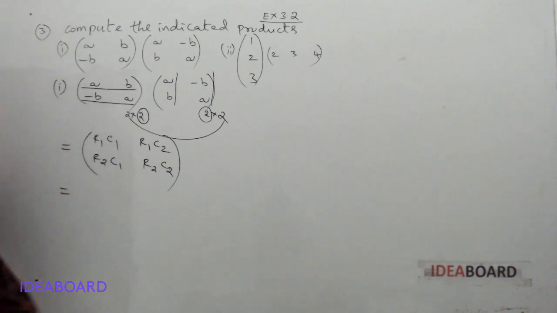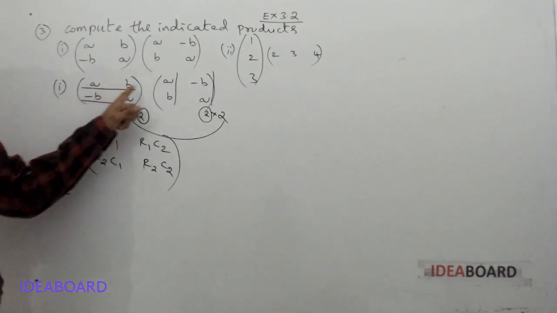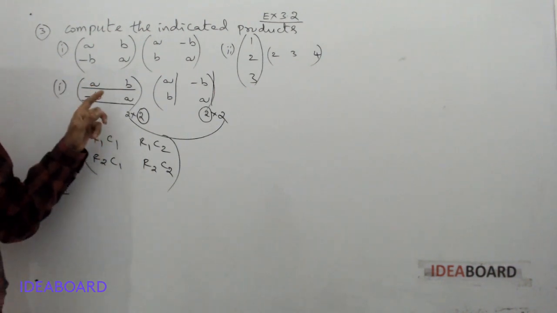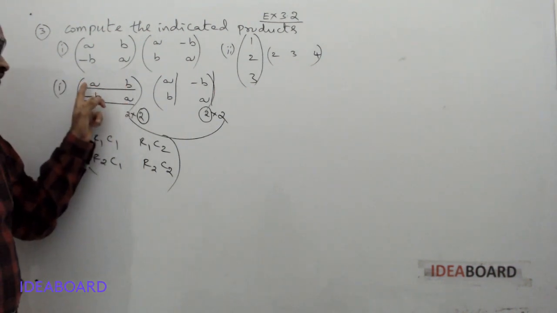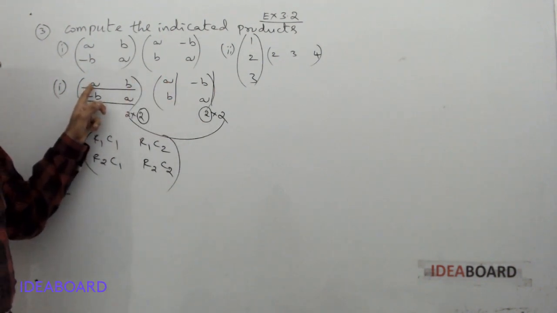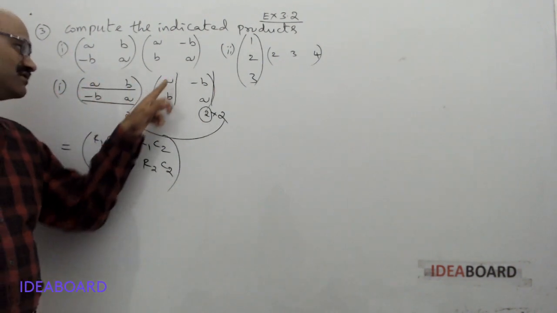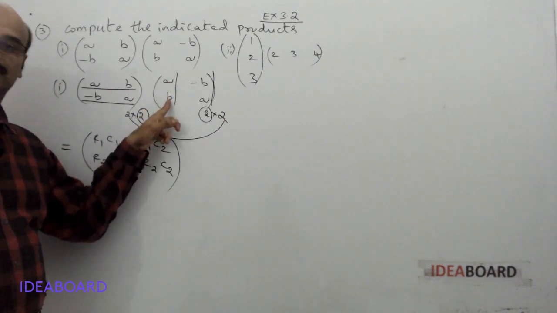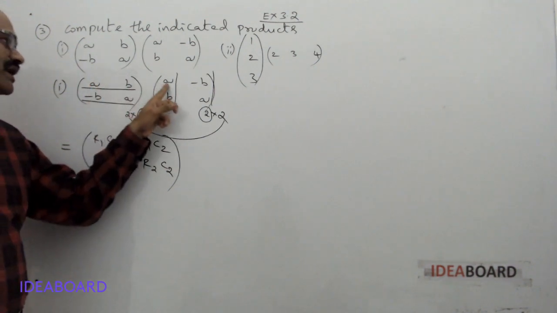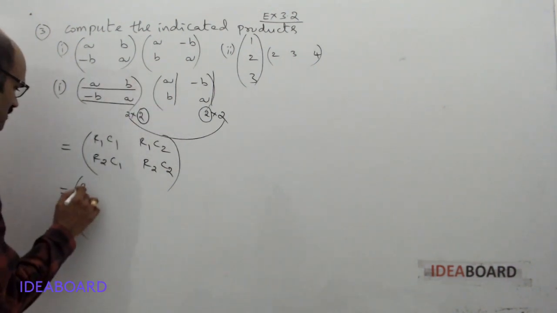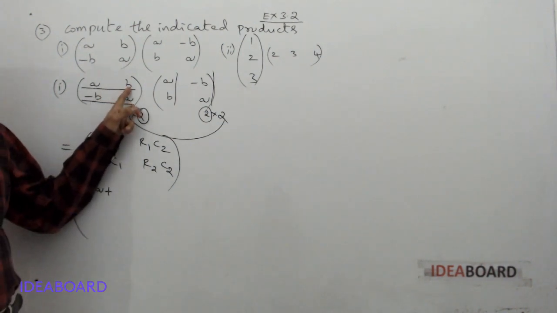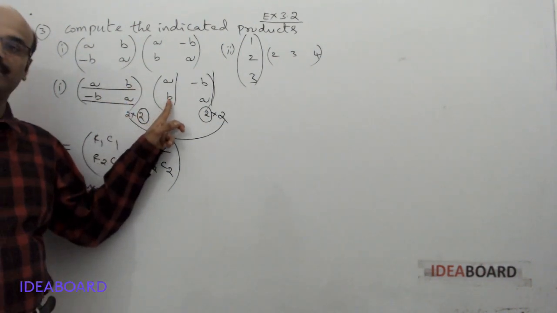So here first let me multiply first row with first column. The corresponding elements in the first row of A are A and B, two elements. In the first column we are having two elements, A and B. So multiply A with A, so A into A, plus the corresponding element of B, we are having B here.